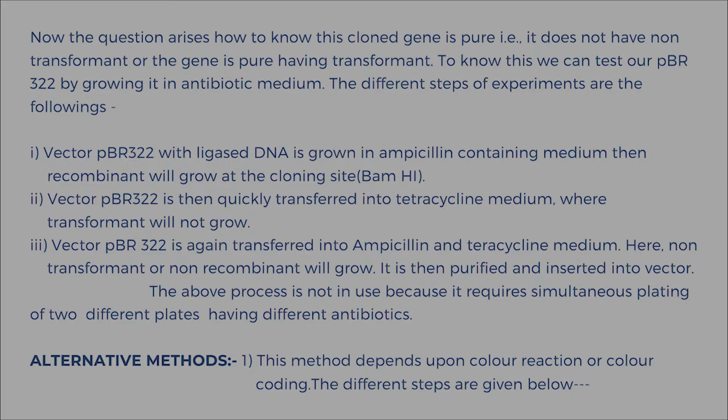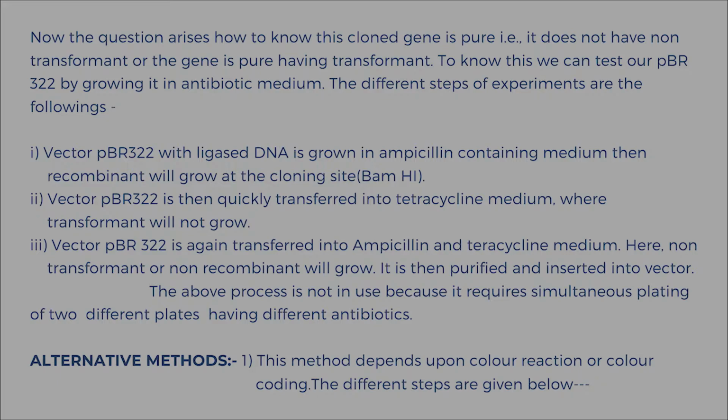To know that, we can test our pBR322 cloning vector by growing it in antibiotic medium. Before that, I'll explain with a diagram. Let me draw the diagram and explain about the selectable marker and origin of replication.